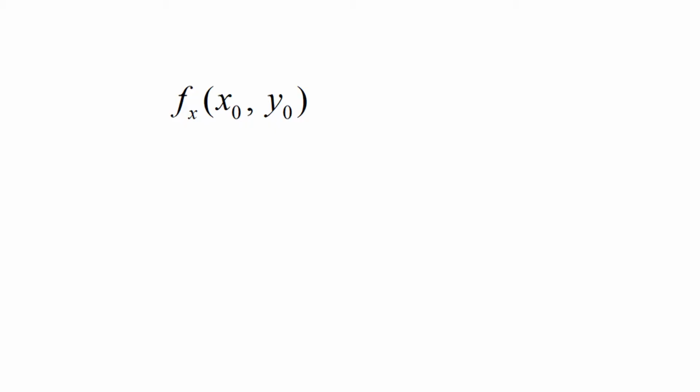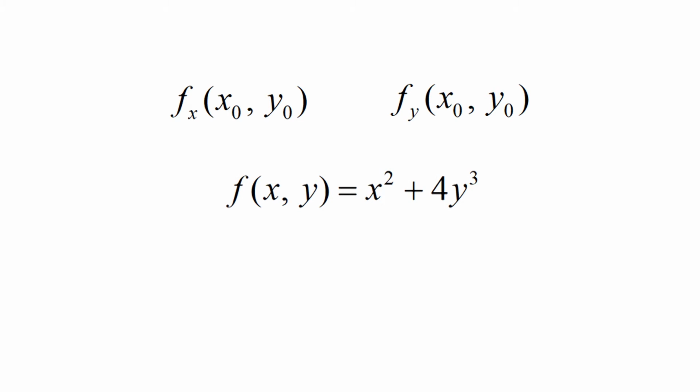As an example, we find f suffix x of x naught y naught and f suffix y of x naught y naught for the function f of x y is equal to x square plus 4 y cube when (x naught, y naught) is equal to (2, 3).